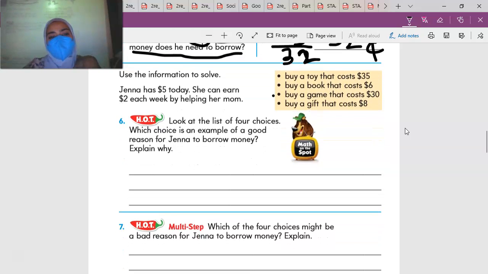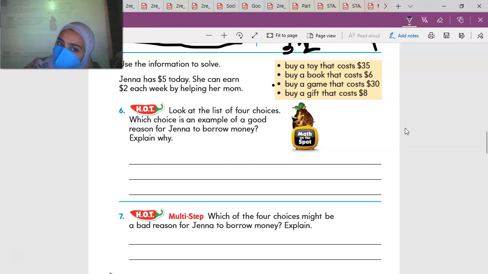Jenna has $5 today. She can earn $2 each week by helping her mom. How many of you guys help your parents around the house and you get money for it? Okay. How many of you guys work or do something, not all the time, but maybe once a year? You do something that you normally don't do. Obviously, cleaning your room is your responsibility. You need to do that.